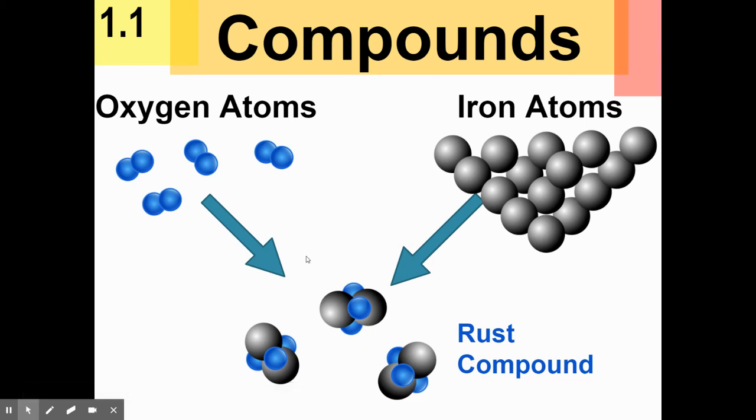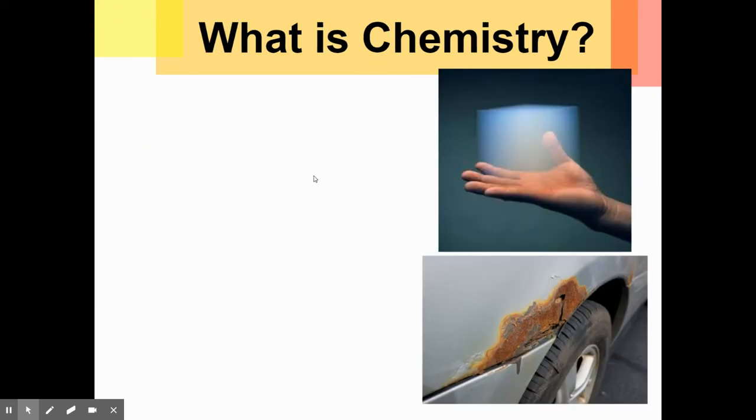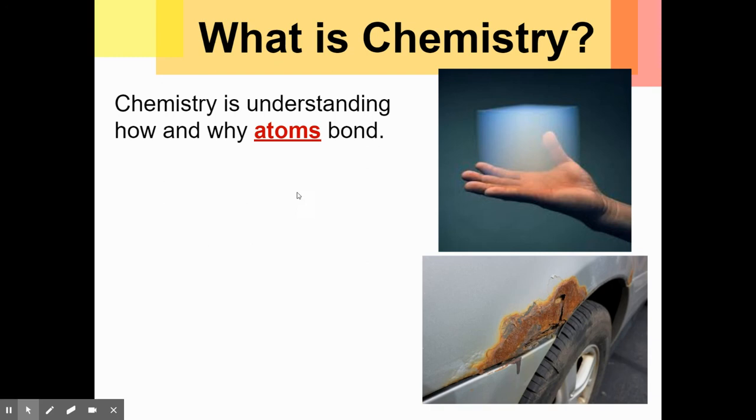Okay, and as this course goes on, I'm going to run some demos, and every time I do a demo of a chemical reaction, I'm going to represent how atoms of one sort are connecting with atoms of another sort to make something new. All right. And that's what chemistry is about: understanding how and why these atoms bond together.